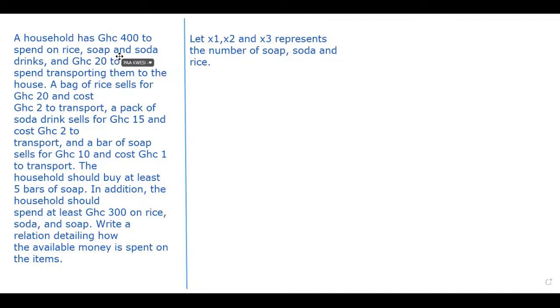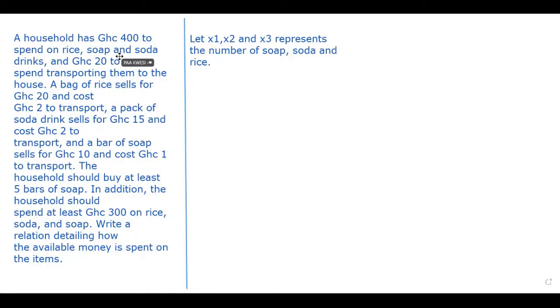Do you get it? And when it is at least, you're going to use greater than or equal to. So this one, you are saying a household has 400 cedis to spend. You cannot spend more than what you are having. If you are having 100 cedis, you cannot spend 150 cedis. You can spend either 100 cedis or below 100 cedis.